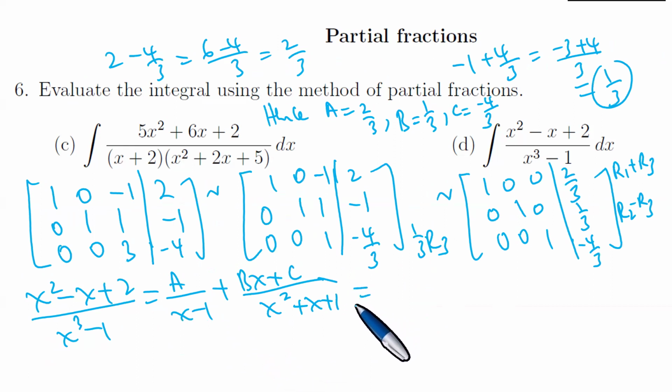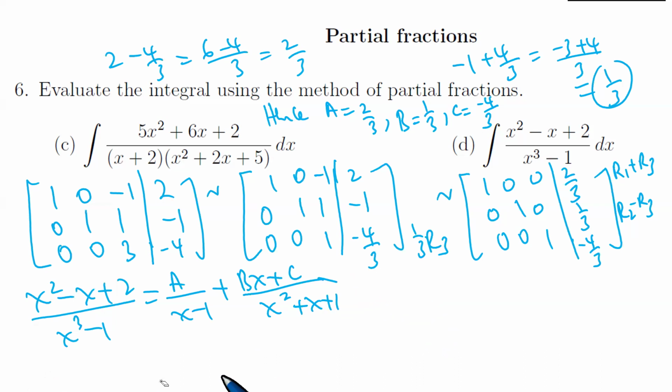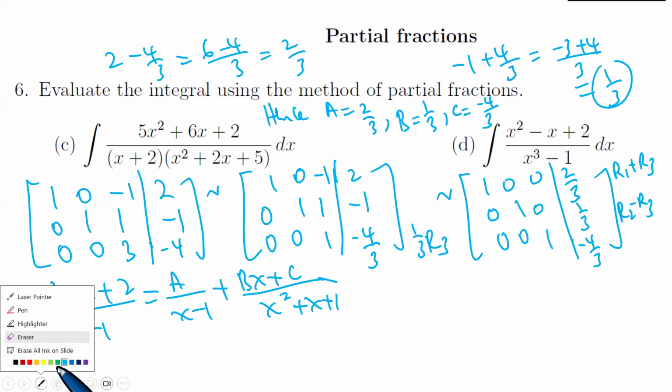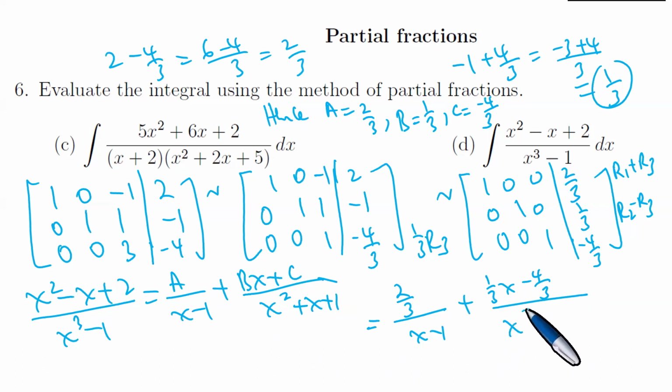And so our A is 2/3. Whatever we're able to get here is that it's 2/3 over x minus 1, minus 4/3 over x squared plus x plus 1.